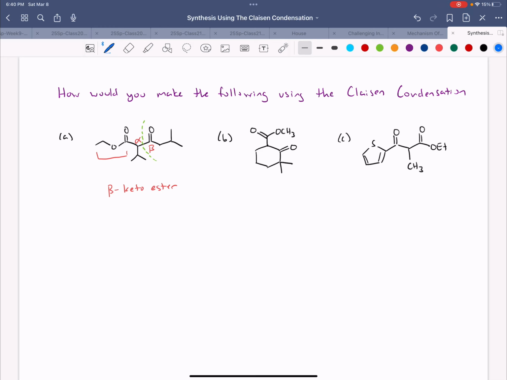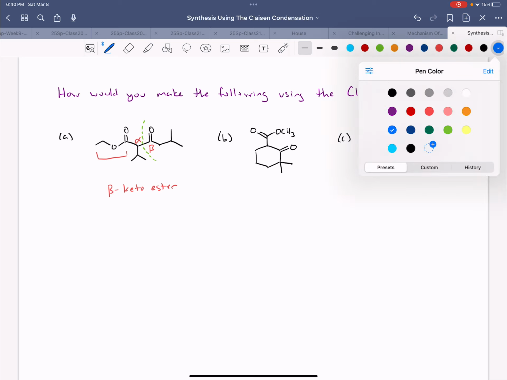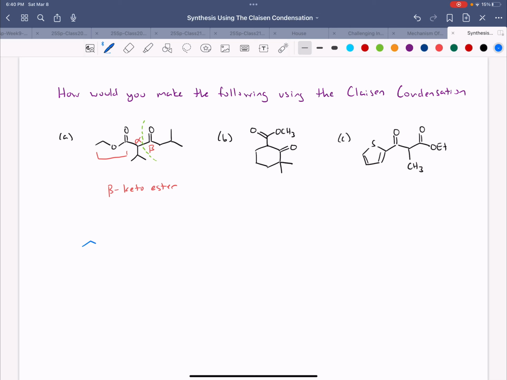And so if this is the part of the molecule that did the attacking, the one with the alpha, and I drew that exactly the way it looks in the starting material, then you would predict that the starting material looks like this. And here's your alpha.